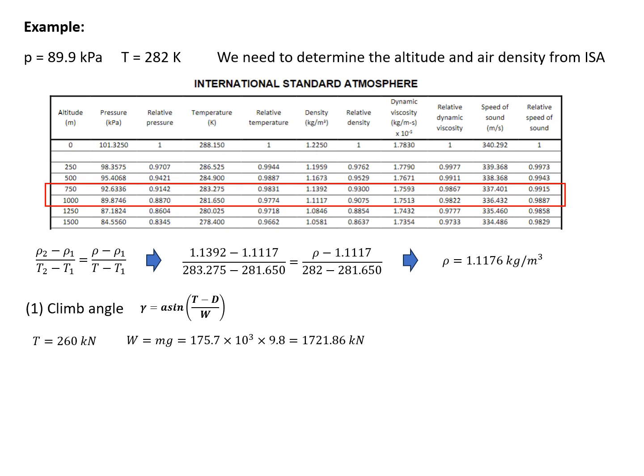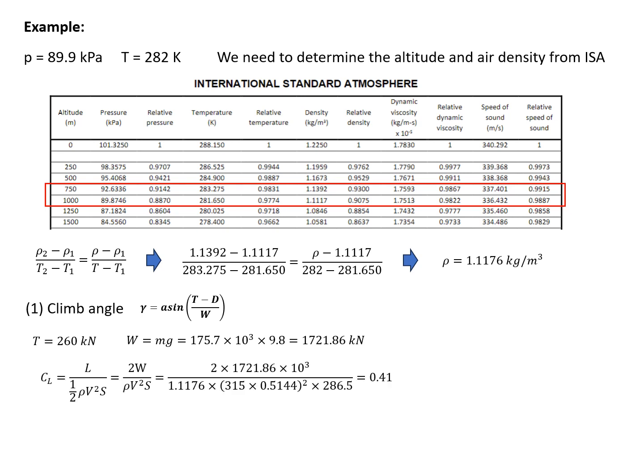So first of all, we need to get the lift coefficient. Because it's a steady climb, CL equals L divided by half rho V squared times S, and L equals the weight. This assumes the climb angle is small, so we have CL as 0.41.